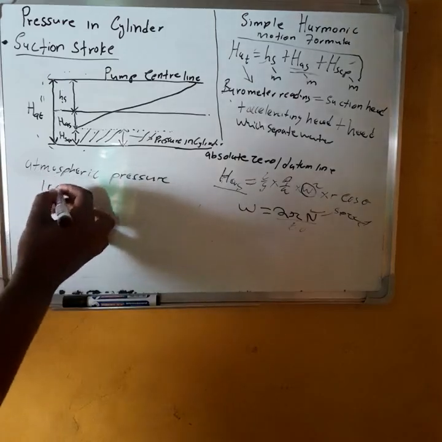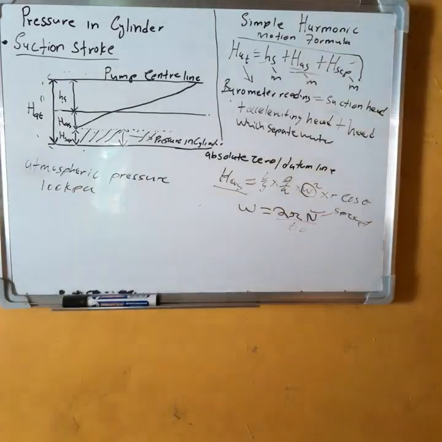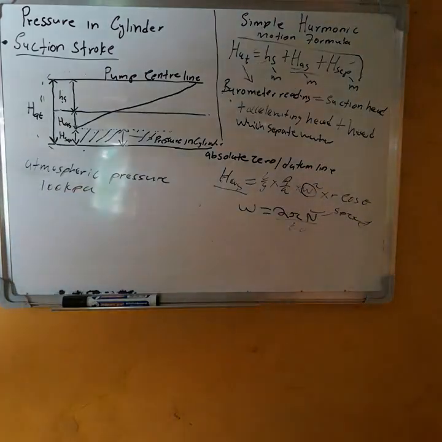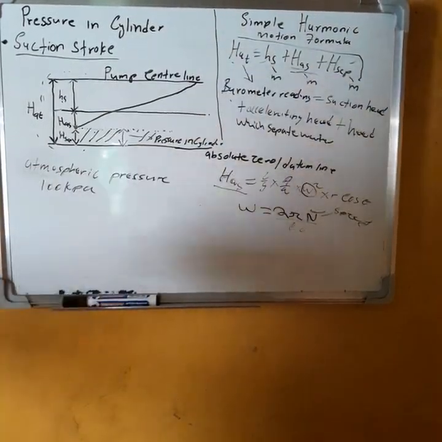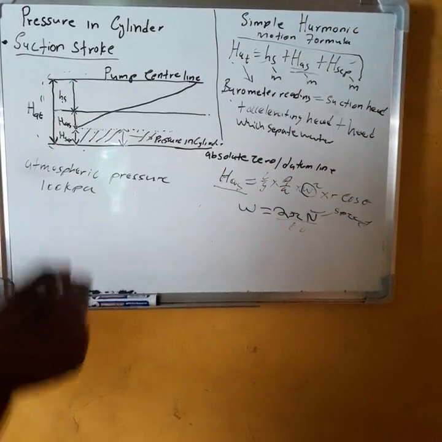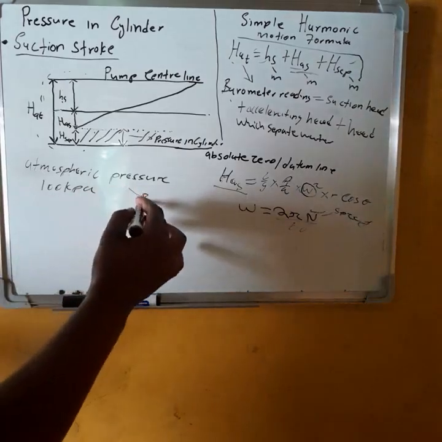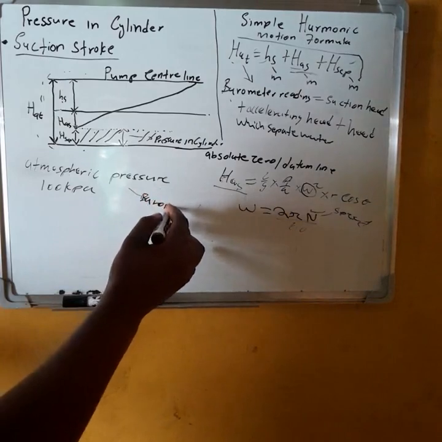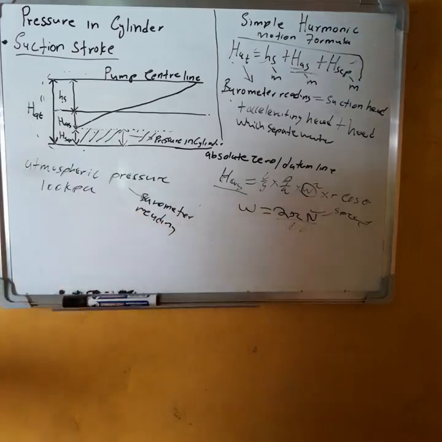Let's say it is 100 kilopascal for an example. So this is a pressure, and it must correspond to the atmospheric pressure. This atmospheric pressure is measured in barometer reading. We'll see this in the barometer reading.